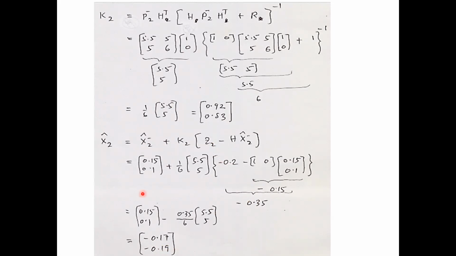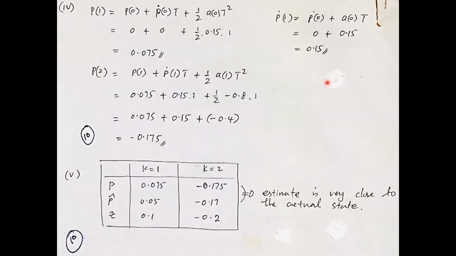So that is the estimate at k equals 2. Now, what you have here is the sensor measurement for k equals 1 and k equals 2. In this table you can see k equals 1, k equals 2, the sensor measurement is 0.1 and minus 0.2.